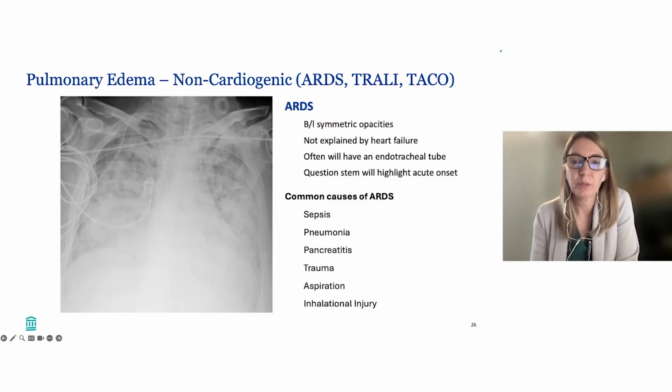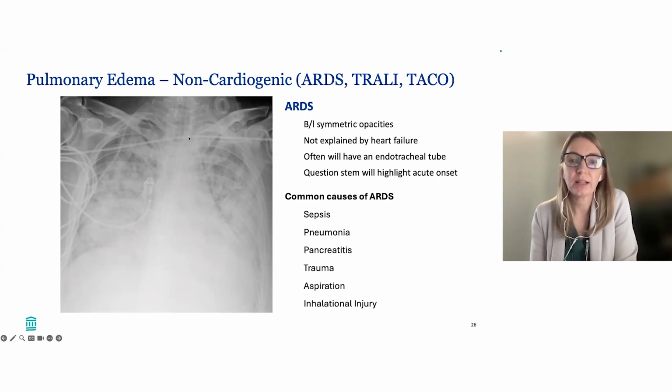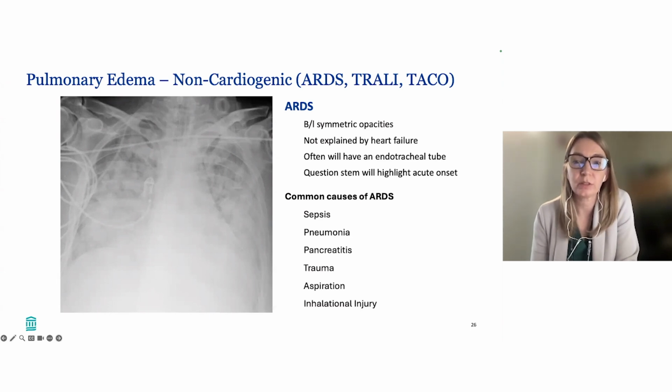On chest x-ray, people with ARDS will often be intubated and thus have a visible endotracheal tube, visible in this chest x-ray. The question stem should highlight acute onset of symptoms, as this is the hallmark of ARDS. Common causes of ARDS include sepsis, pneumonia, aspiration, pancreatitis, trauma, or inhalational injury.